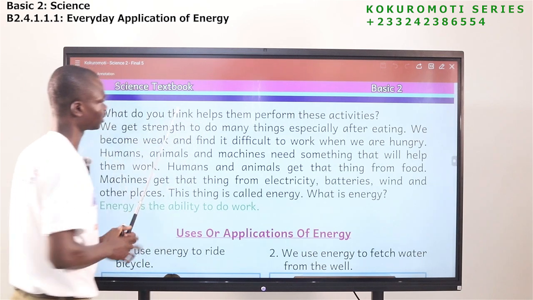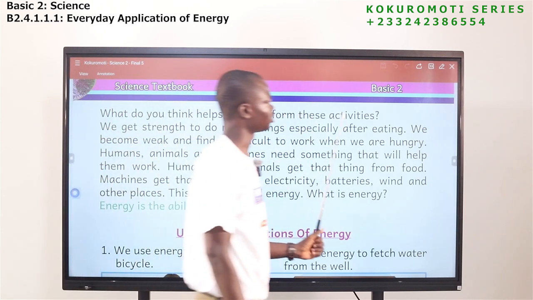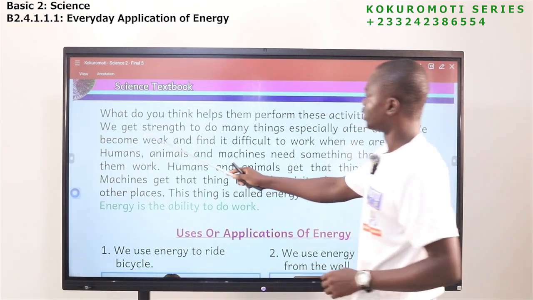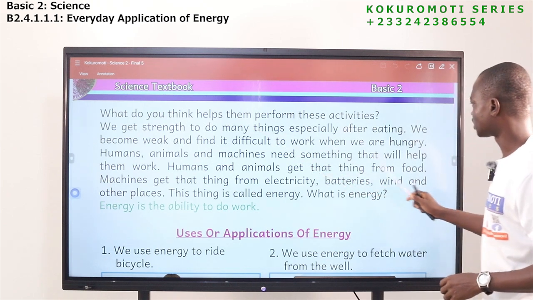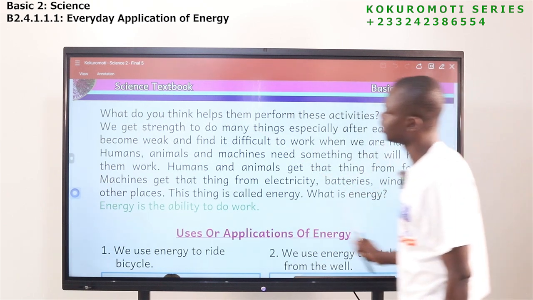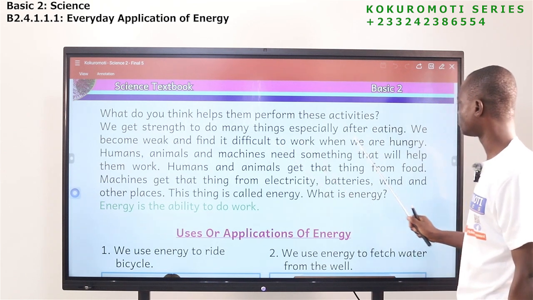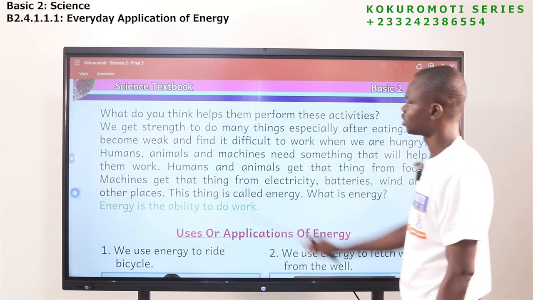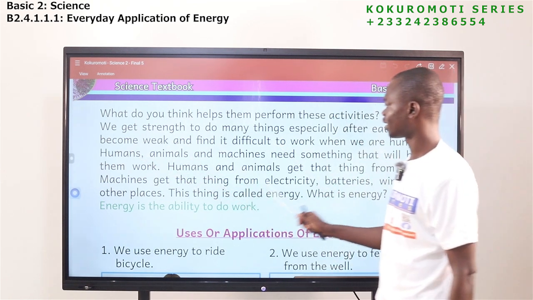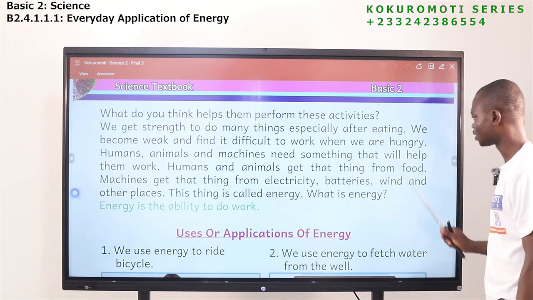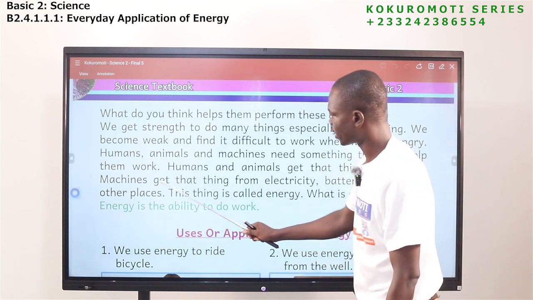What do you think helps them perform these activities? We get strength to do many things, especially after eating. We become weak and find it difficult to work when we are hungry. Humans, animals, and machines need something that will help them work.